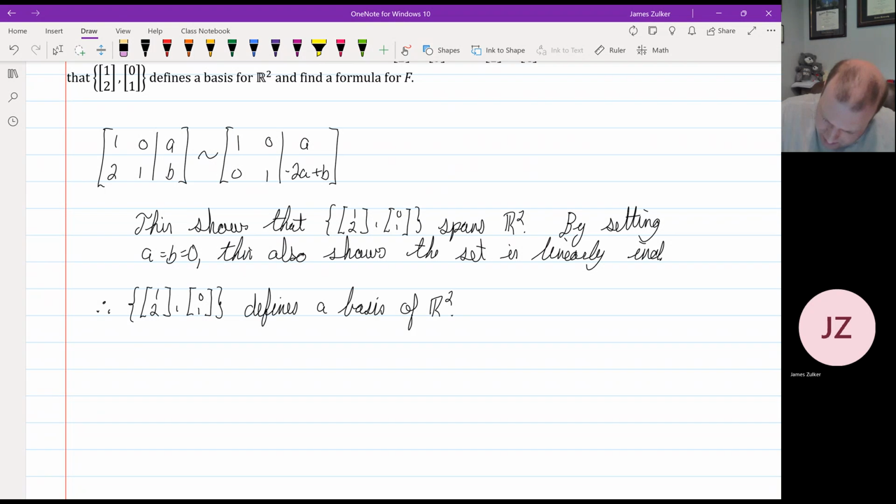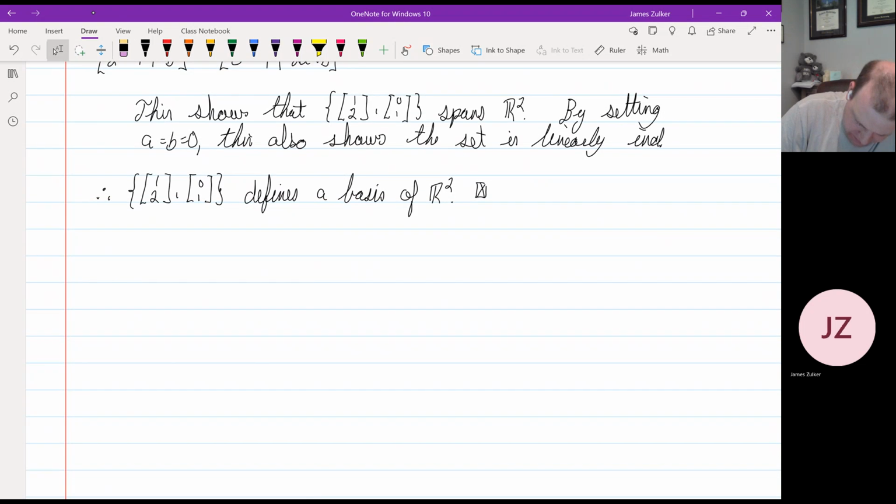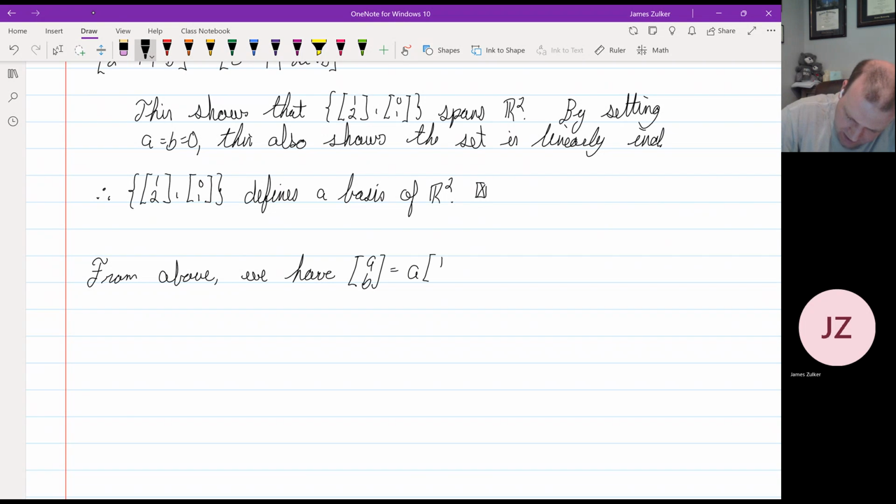Now we just want a formula for our transformation. Now from above, we have that any arbitrarily chosen 2-vector (A, B) is equal to A times (1, 2) plus negative 2A plus B times (0, 1).